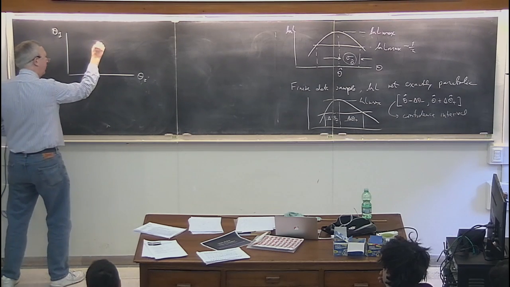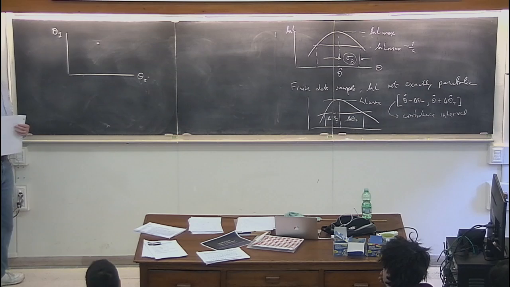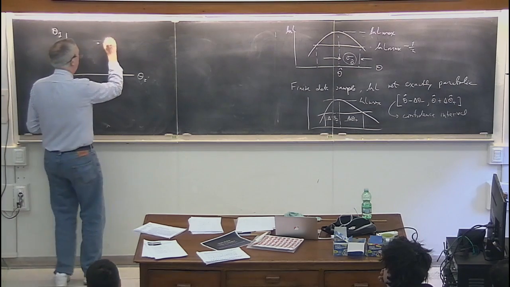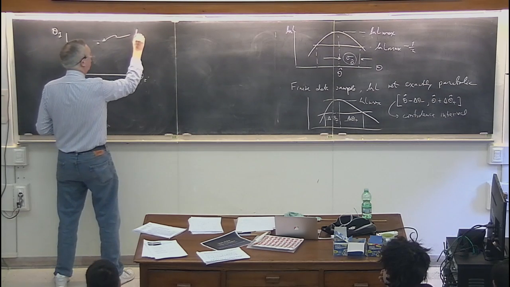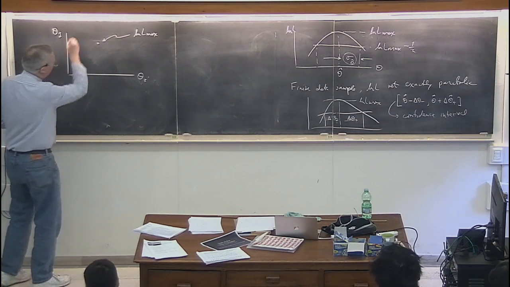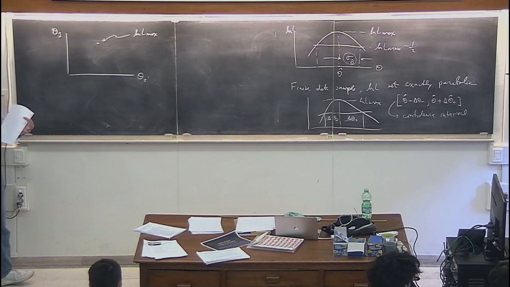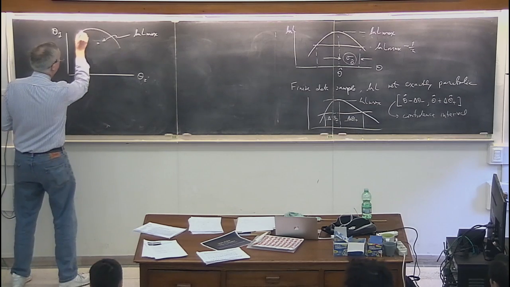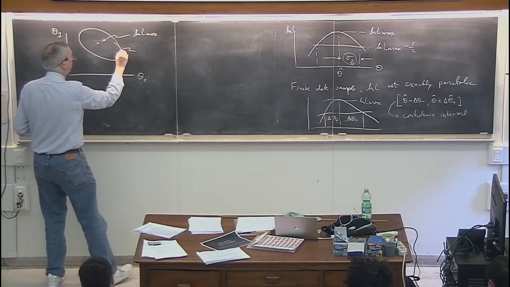There will be some point in that parameter space where the likelihood function is maximum. So I'll call that log L max. And then I can find the contour or the hypersurface in that space where the log likelihood function is less by exactly 1/2.